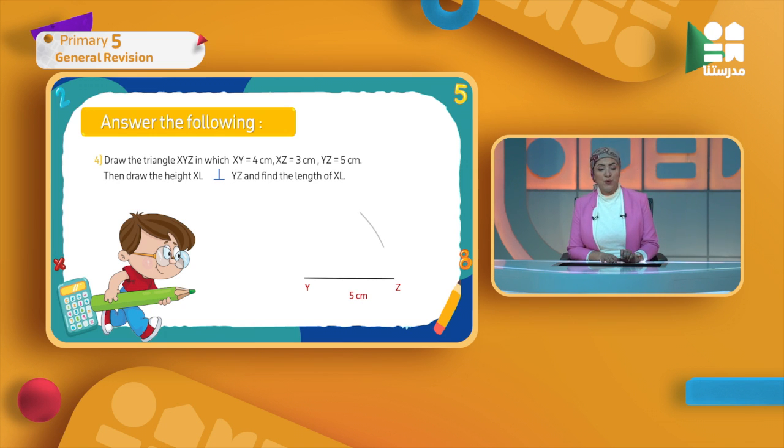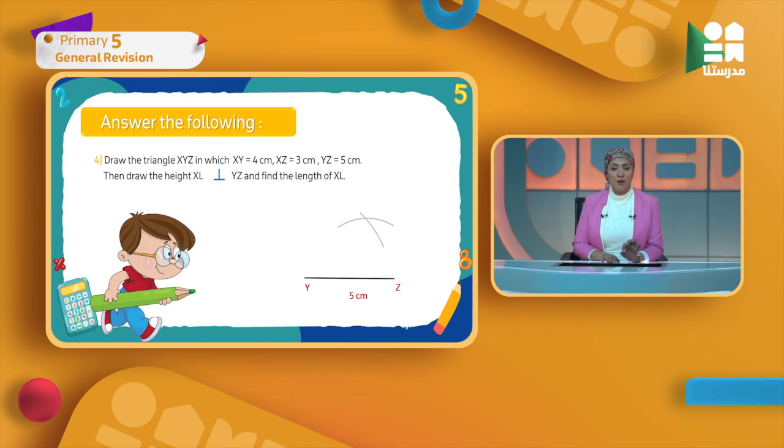Then I'll move to the other side, which is XZ, which is 3 centimeters. Then I stretch the arms of my compass on 3 centimeters, fix the sharp tip of my compass on the point Z to draw my other arc, meeting the first arc at a point.